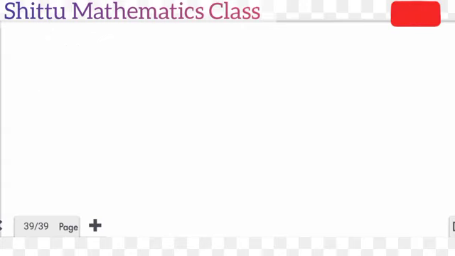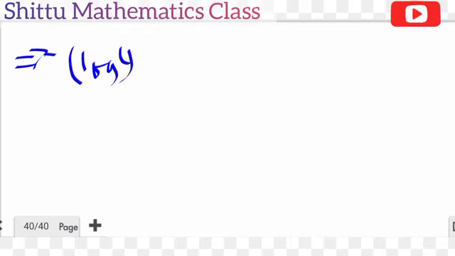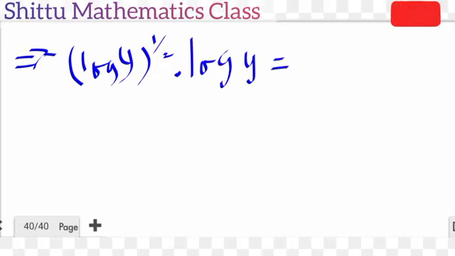Let's jump to the next page. The square root of log y can be written as log y to the power 1 over 2, multiplied by log y, which equals 8. We apply the law of indices here.